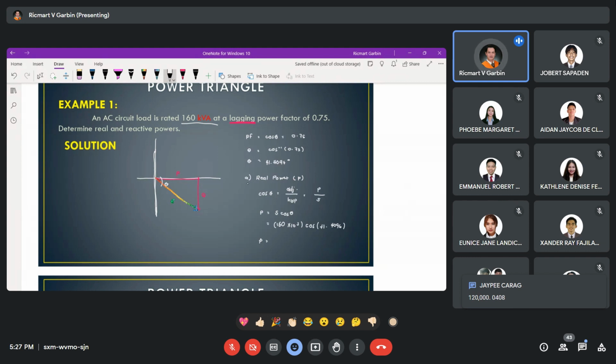So 120,000.0408 or simply 120 kilowatts. Nakuha po. Nakuha po yon. Any questions?